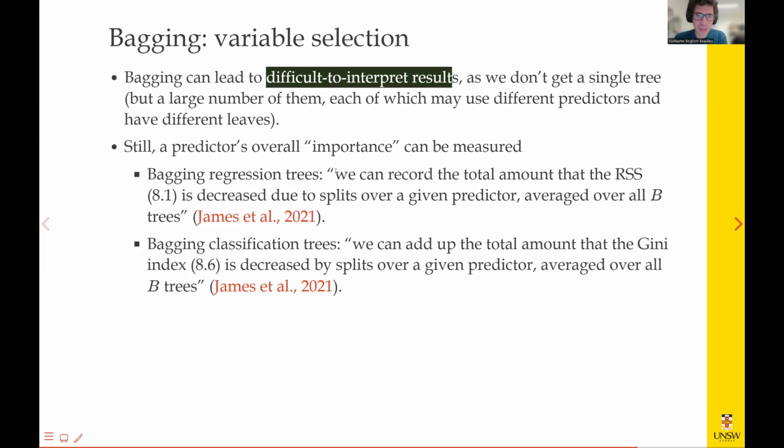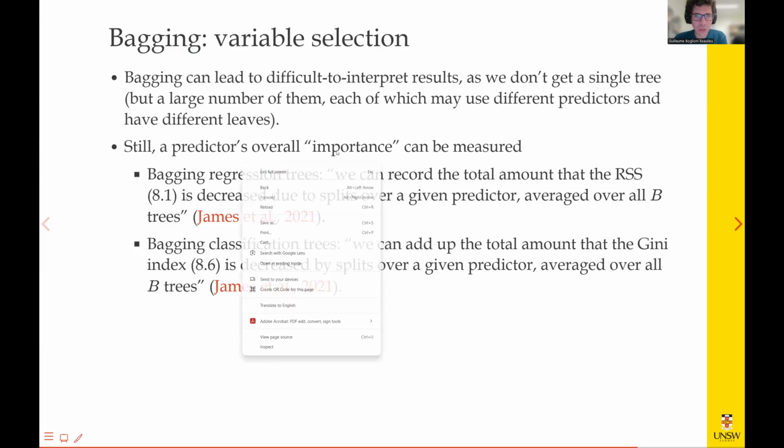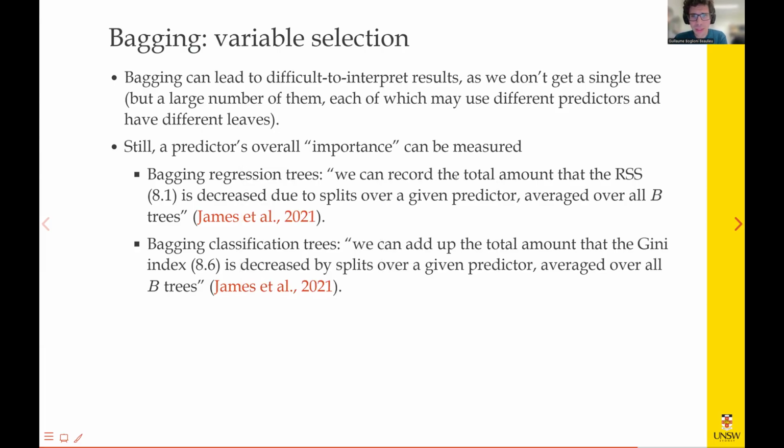There are at least a few ways to do that, but the one they suggest in the book is, if you have a regression tree, you can record the total amount that the RSS, residual sum of squares, is decreased due to splits over a given predictor, averaged over all B trees. You recall that the way one tree is fit is exactly with RSS. You pick the splits that minimize the RSS.